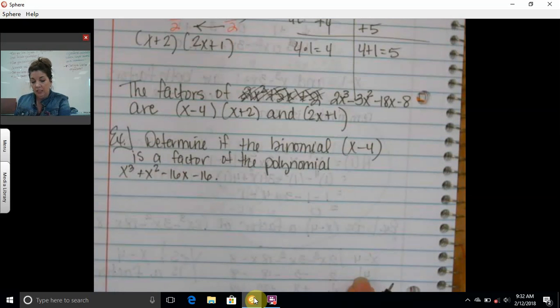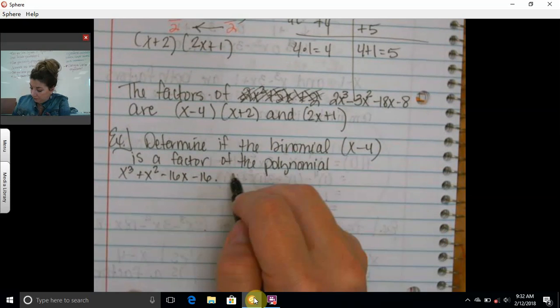If it is, then completely factor the polynomial.